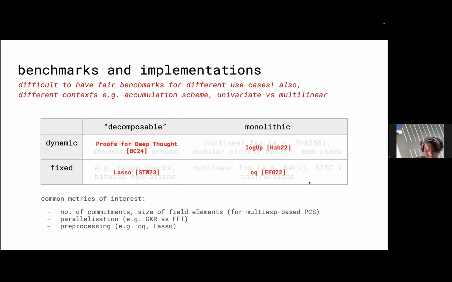And if you're using a polynomial commitment scheme that's not homomorphic, then that might exclude this whole class of lookup arguments optimized for accumulation schemes. So to me it's an open question how to fairly benchmark lookup arguments. And where I'm at right now is basically just use the lookup argument that's optimized for your use case.